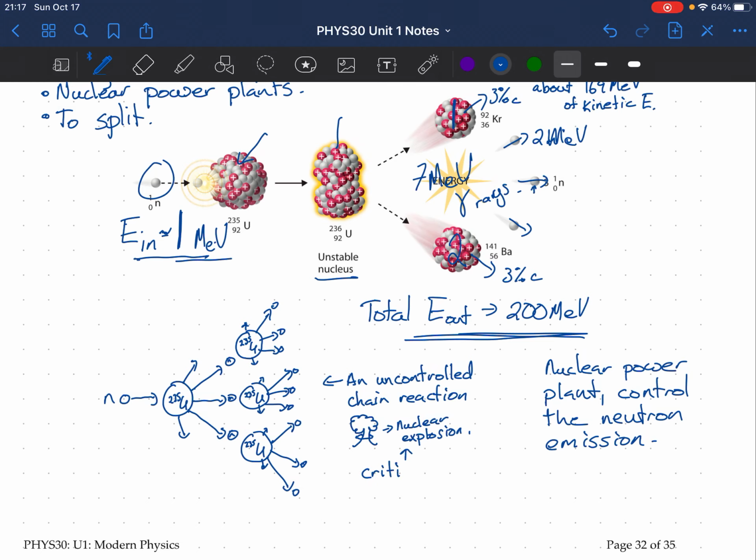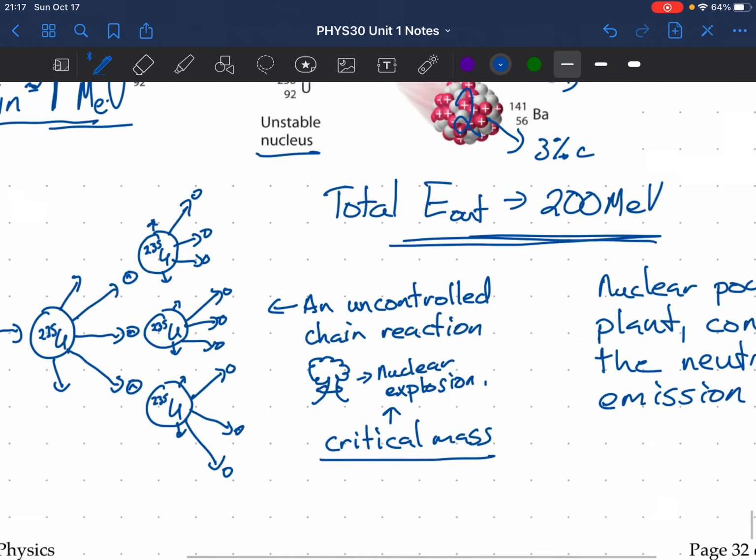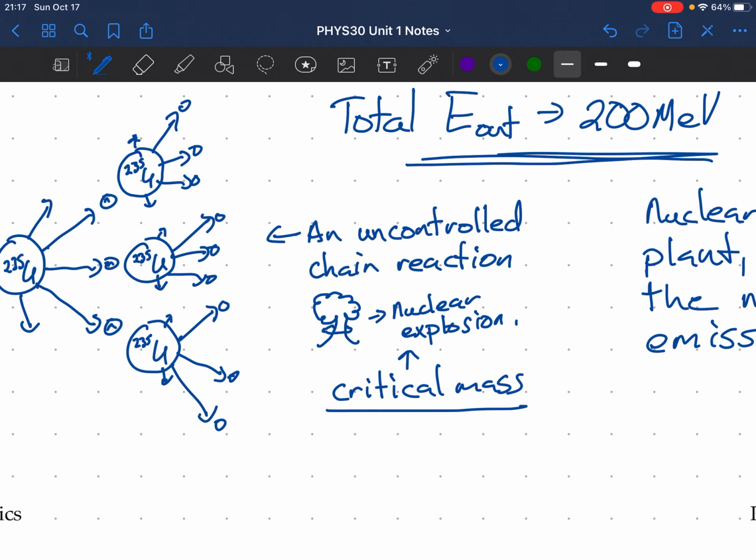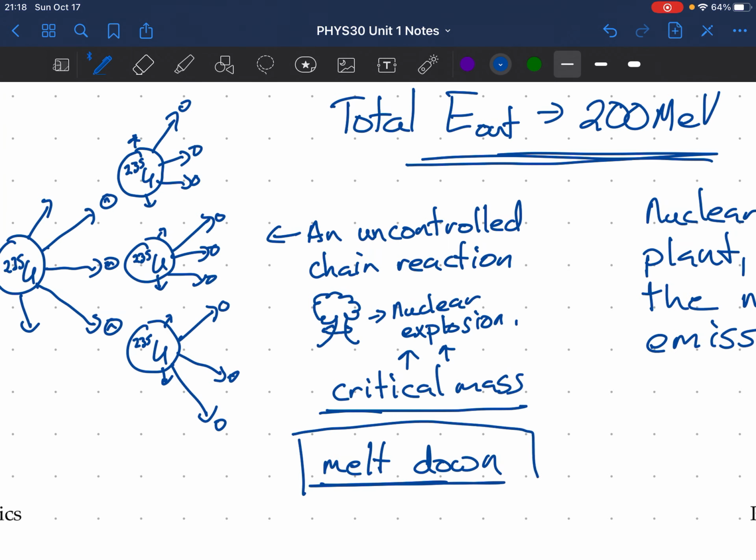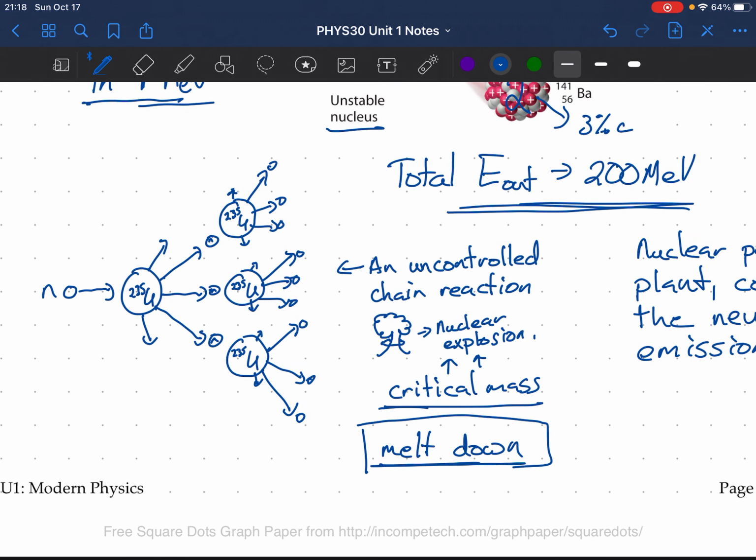Now, you're only going to get a nuclear explosion if you have a critical mass, a large enough amount. A critical mass is a certain weight of fissile material. If you don't have the critical mass to get a nuclear explosion, you can just get a meltdown. That's kind of what happened in Chernobyl.